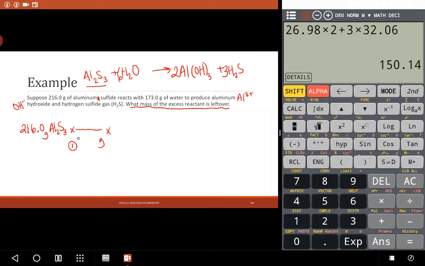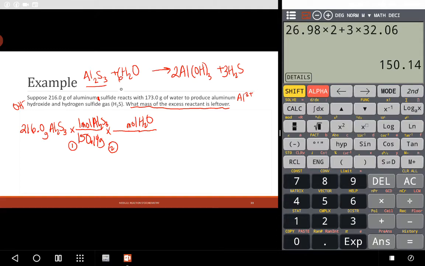And so that's 150.14 for every 1 mole of aluminum sulfide. Good thing we got our chemical formulas right. Alright, the second thing we need to do is switch compounds. And so I'm going to be switching into water, the other reactant.